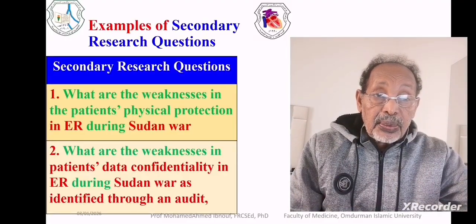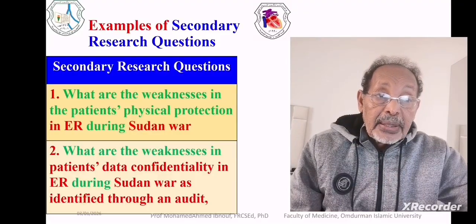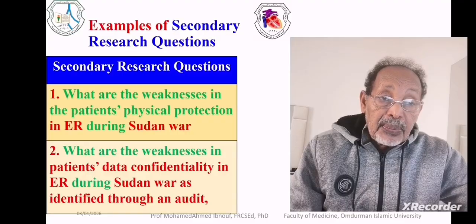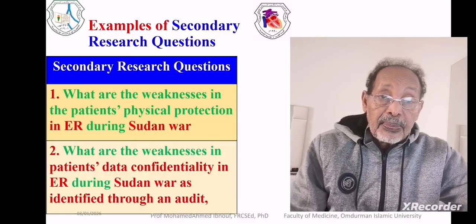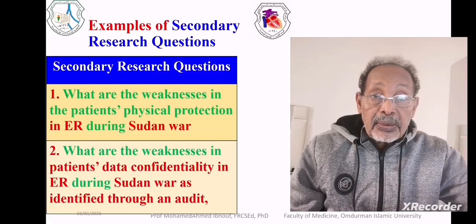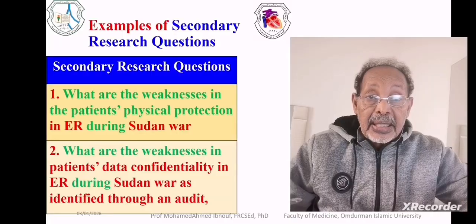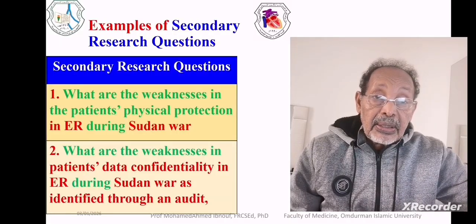And in these secondary questions, for example, what are the weaknesses in patients' physical protection during Sudan war in the emergency room? Here, we can break it down into: what are the factors that interfere with the physical protection of patients.